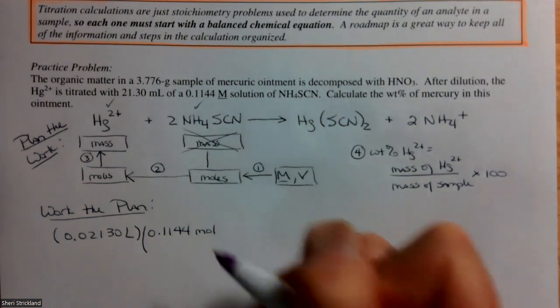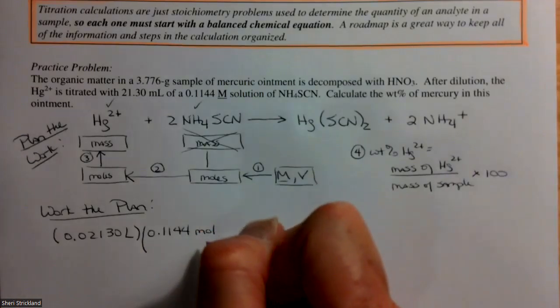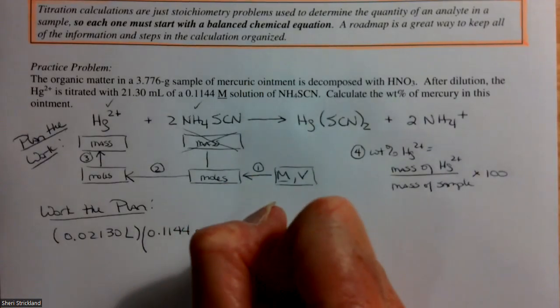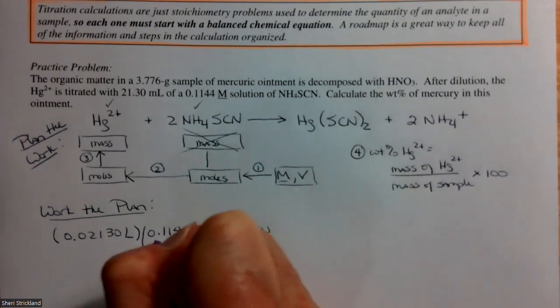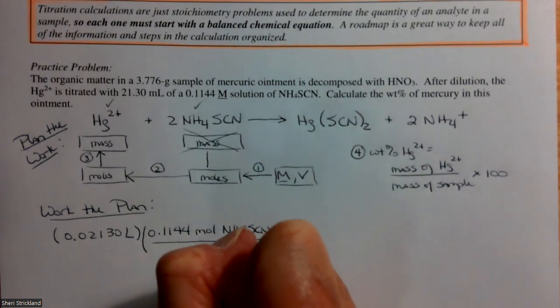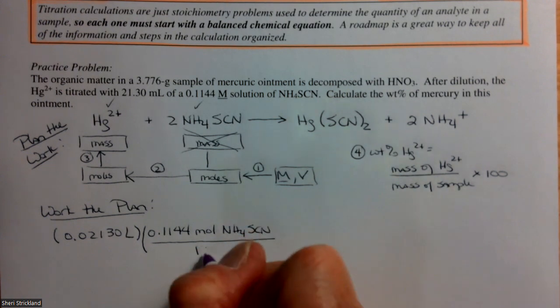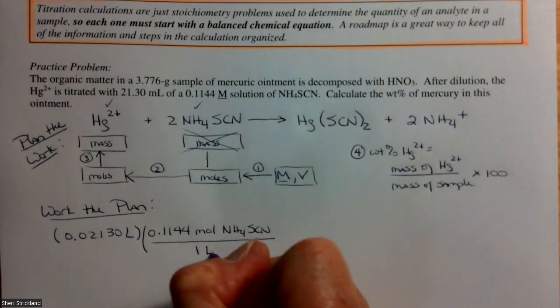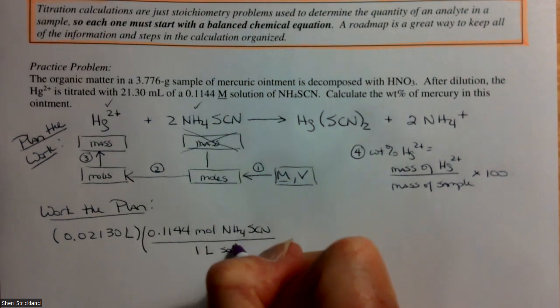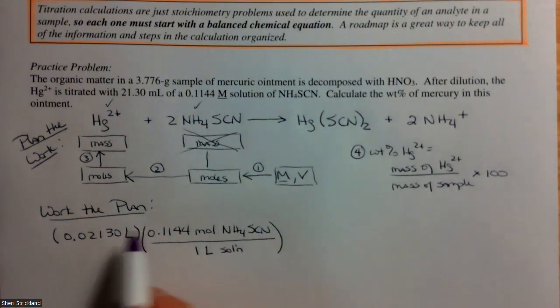You know, molarity can be millimoles per milliliter if you wish, of ammonium thiocyanate. Exactly 1 liter. So you can write 1 liter and have unlimited significant figures, or you can put as many zeros past that as you like. All right, so that gets us to moles of this first component.